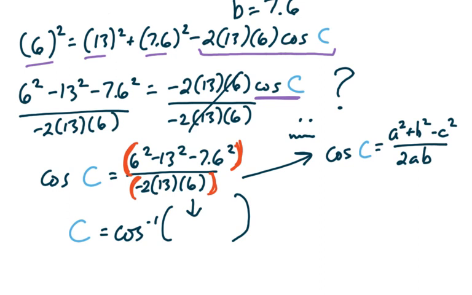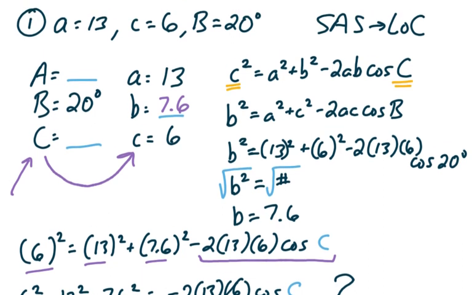Surround your entire denominator with parentheses when you plug it in, and your calculator will read it okay. All right, and if you do that right, I should get an angle C to be about 15.6 degrees. Did you get that too? Yippee! All right, so 15.6 degrees for that.